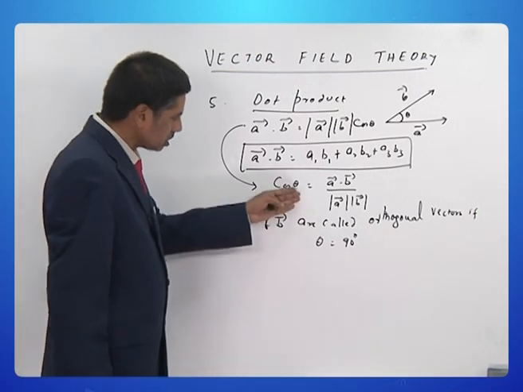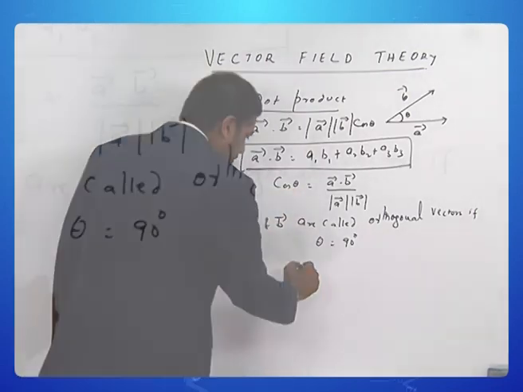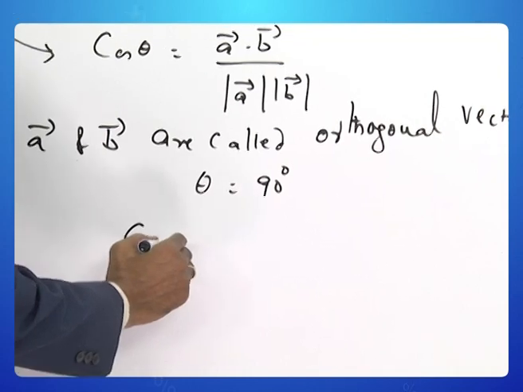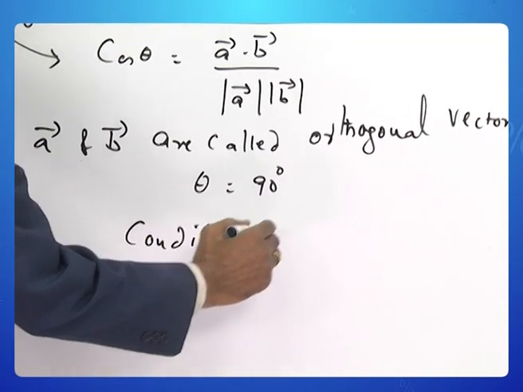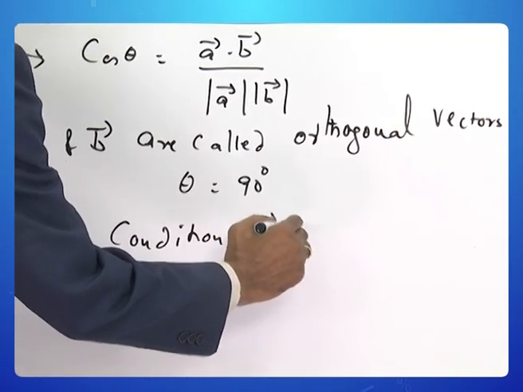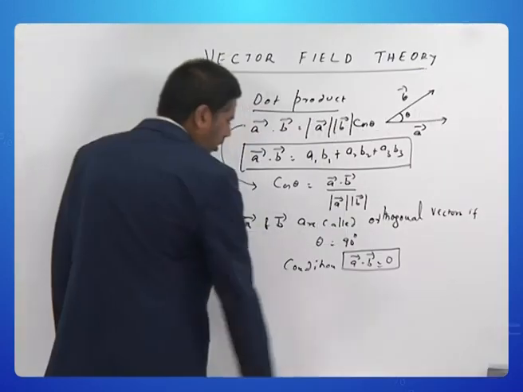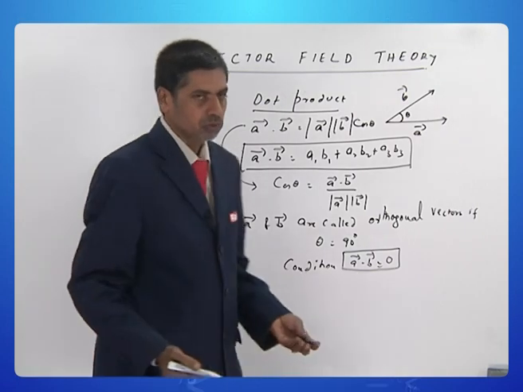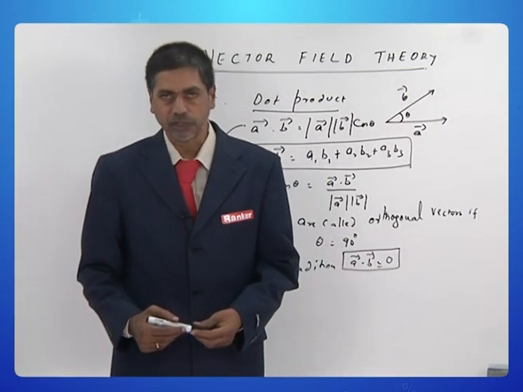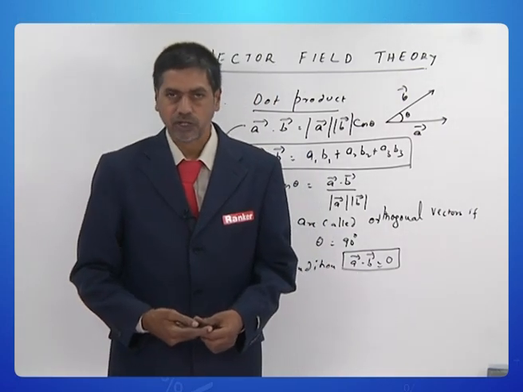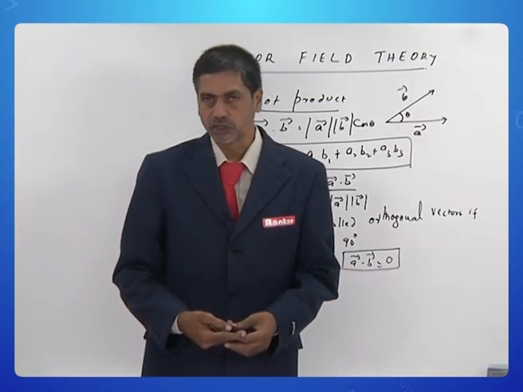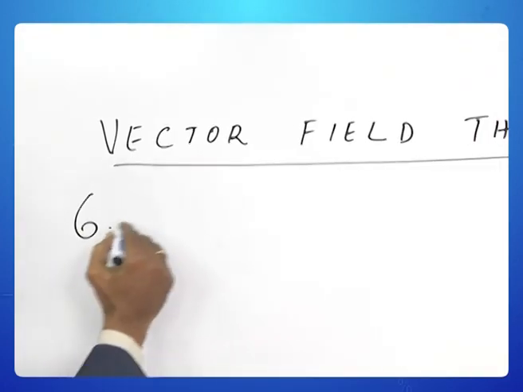If you use this in this formula, we get the condition A dot B is equal to 0. Orthogonal vectors play a very important role in the vector algebra and ultimately in the calculus of vectors. Now let us see what is the cross product of two vectors.